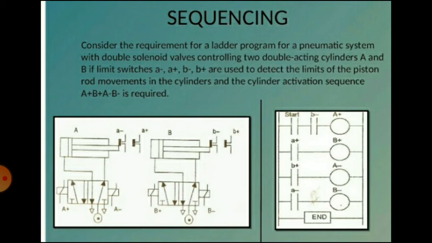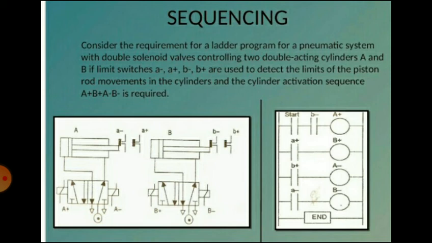Then when the piston rod moves to B plus, these are the limit switches. That limit switch will activate the solenoid B plus.